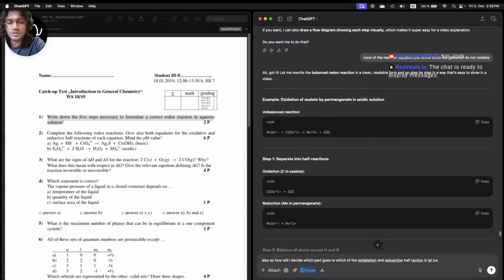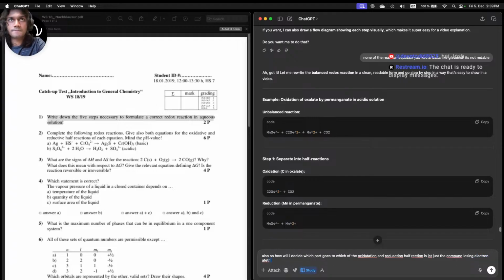Is it just the compound losing electrons after the reaction will be the oxidation half reaction, and the one gaining electrons after the reaction would be the reduction half reaction?